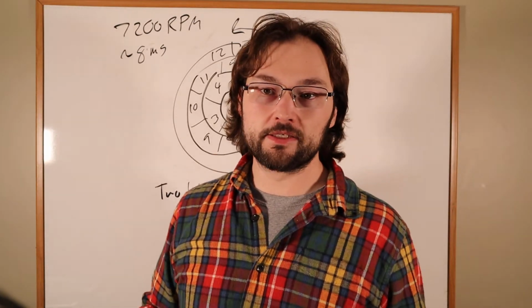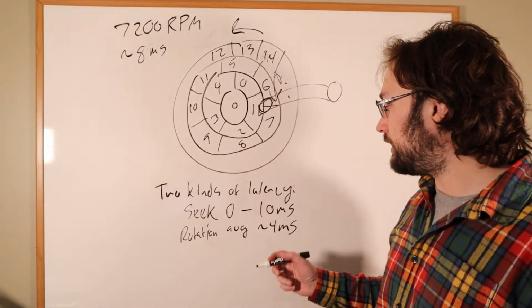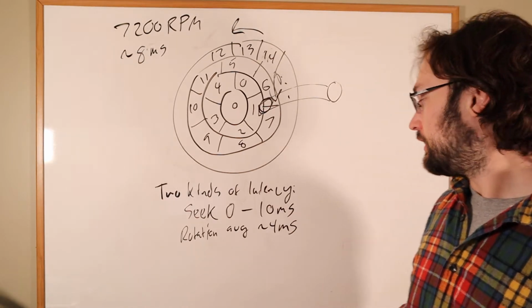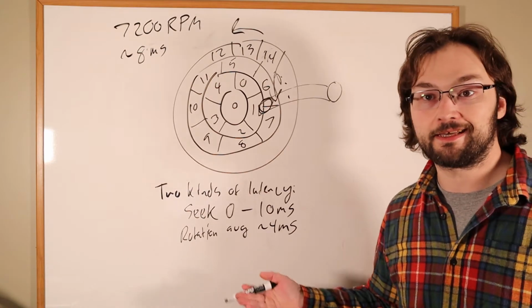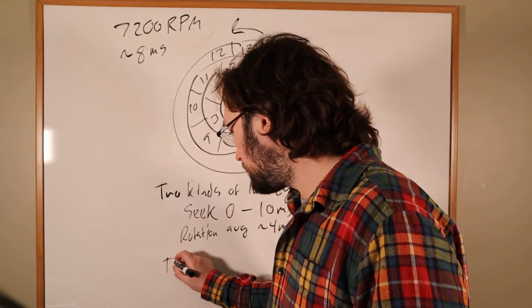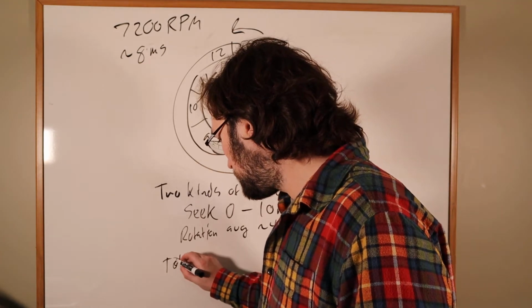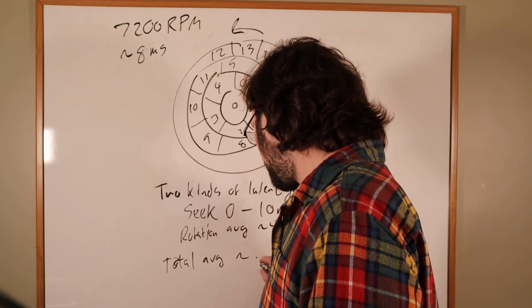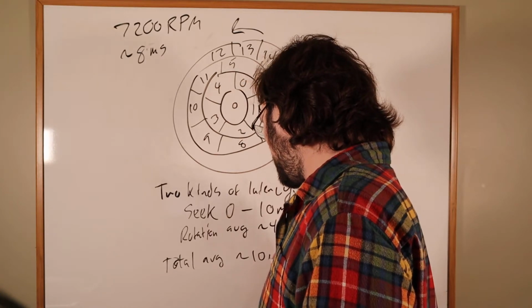And now if we look at this a little bit and round a bit, we see that on average seek latency is going to take 5 milliseconds. On average rotational latency is going to take like 5 milliseconds. So our average total latency is like 10 milliseconds.